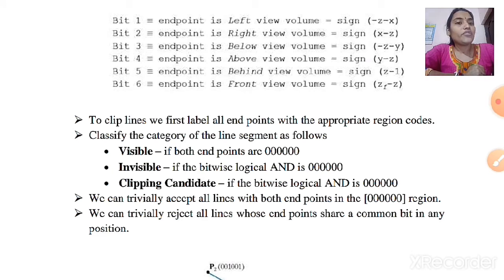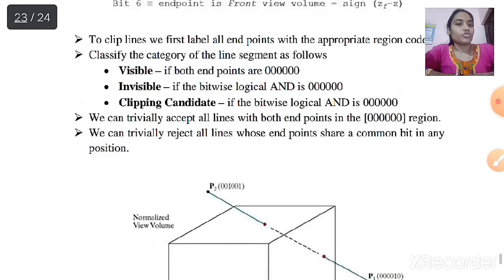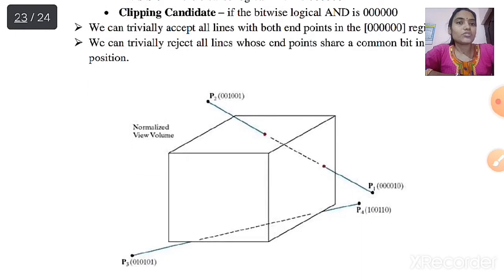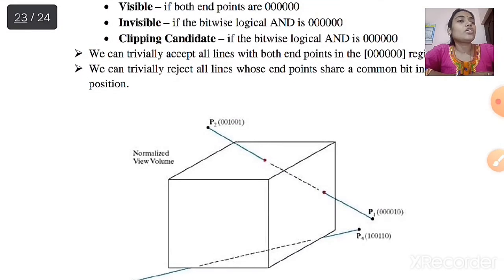We can trivially accept all lines with both endpoints in the region, and trivially reject all lines whose endpoints share a common bit in any position. Here in one example, this is our normalized view volume. For P2, P1, P4, P3, four points are there, and which is inside, which is outside, which is visible, invisible, or the clipping window.